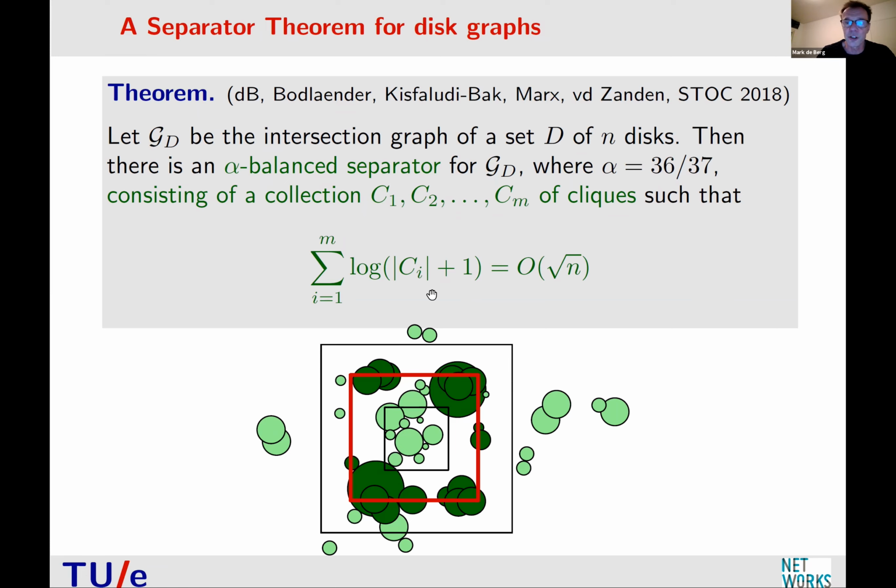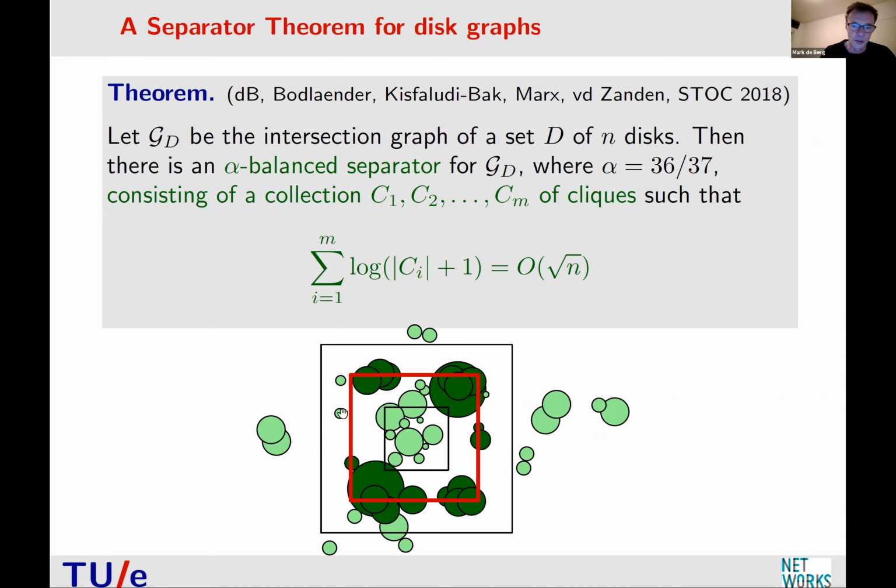So the theorem is, and the proof is inspired by the proof I just showed you for planar graphs, but more complicated. The theorem says that I can find in a disk graph, represented here by these disks where I connect two if they intersect, a collection of cliques such that the stuff inside is at most a constant fraction of n, and the stuff outside is a constant fraction of n.